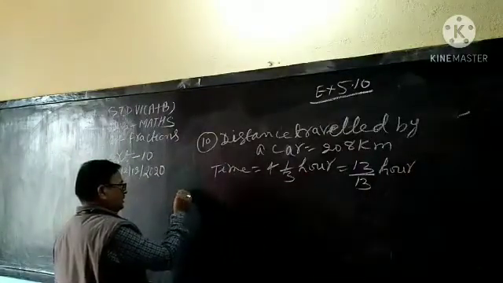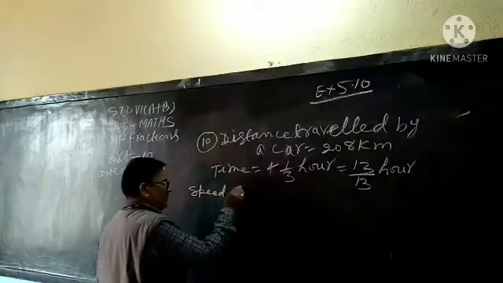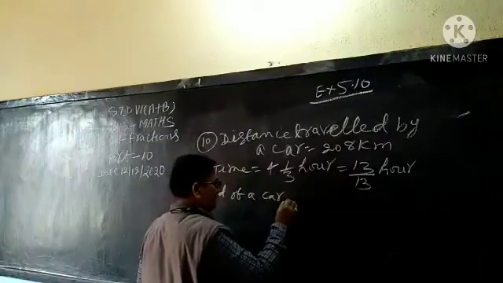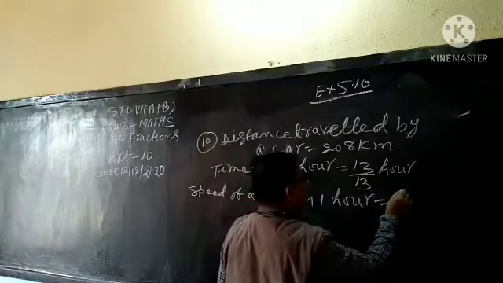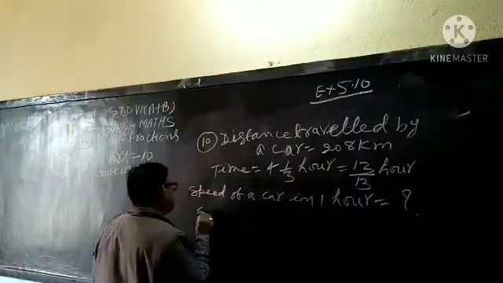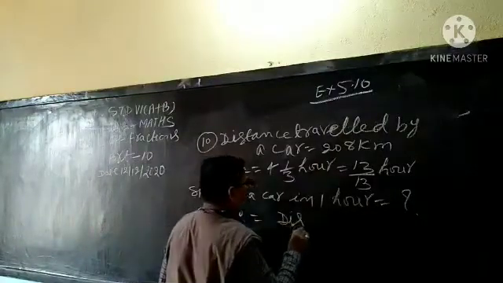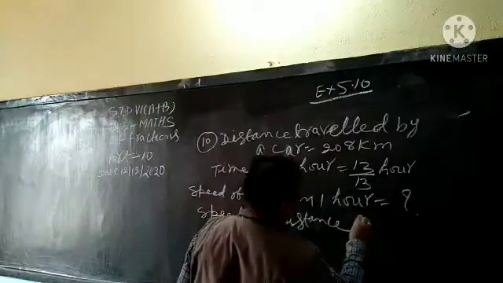The speed of a car in 1 hour is what we are going to find. You have studied that speed is equal to distance divided by time.